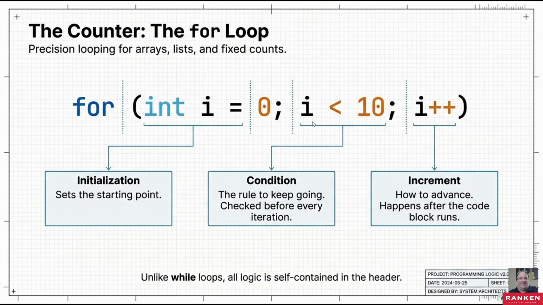Here's a for loop. Precision looping: for loops for arrays, lists, and fixed counts. So this is for when you already know what you're dealing with. When you don't really know how many things you're dealing with, for loops are not the best to use. But in this case, I want to loop through this 10 times.